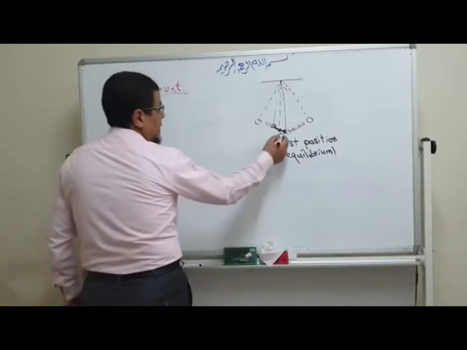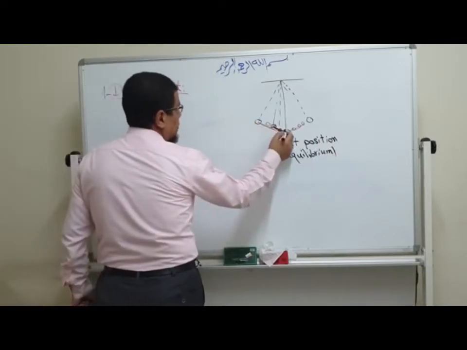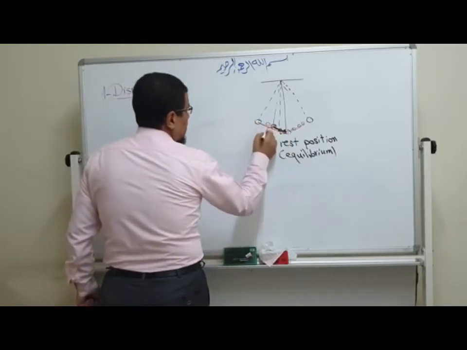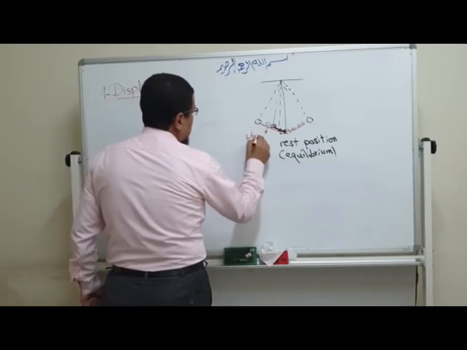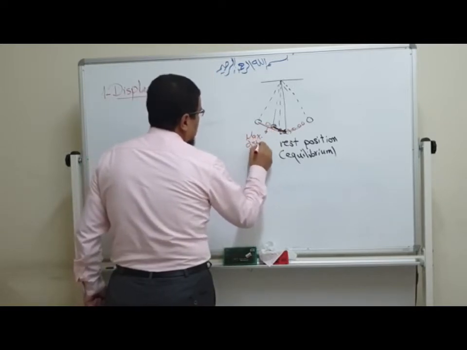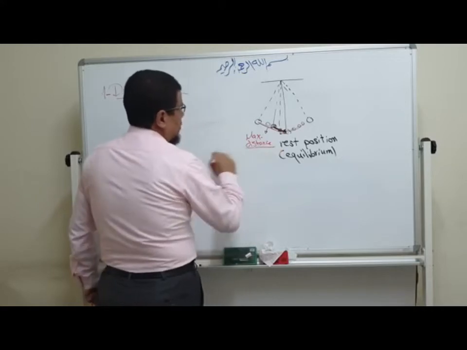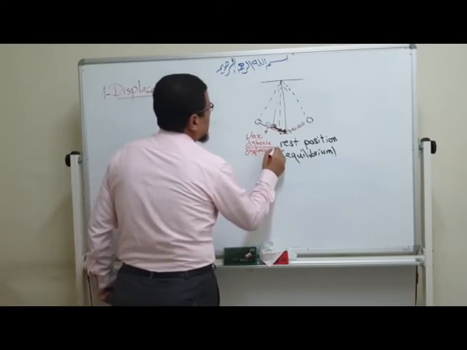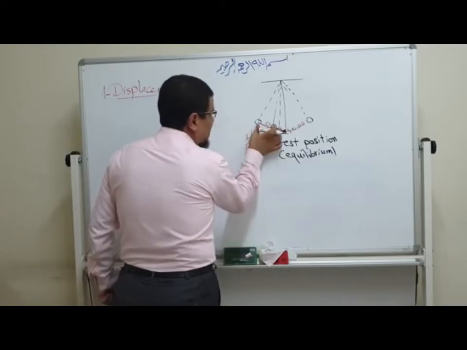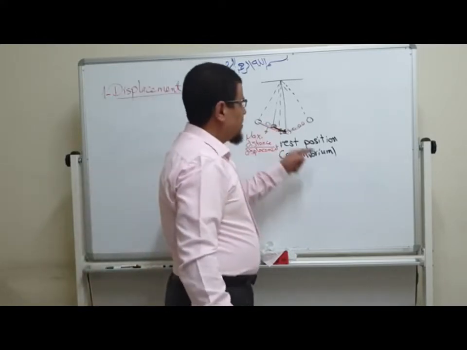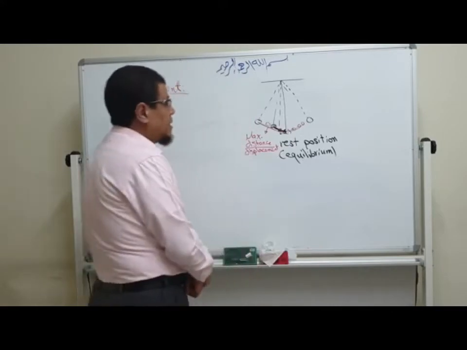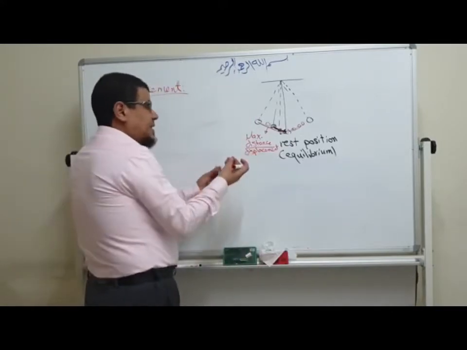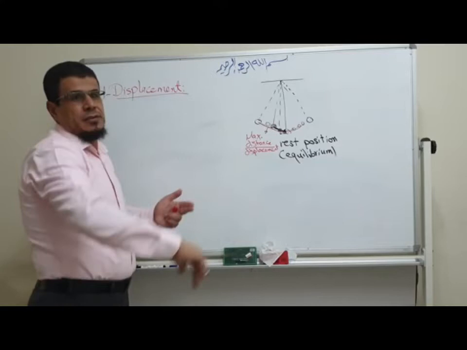Good. So the distance can be here. What is this? This is the maximum distance, or the maximum displacement. Is this the same as this? Yes, it's displacement and displacement. But we must distinguish this from the other.